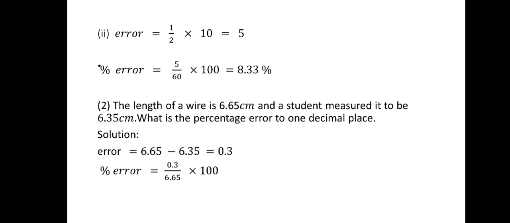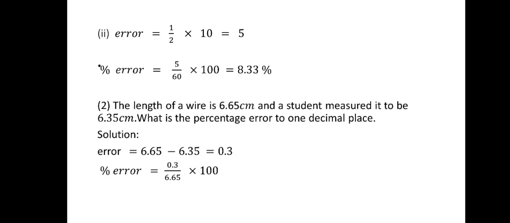Now, the error, first of all, is actual measurement minus the wrong measurement. The actual measurement is 6.65 and the wrong measurement by the student is 6.35. So when you subtract that, you get 0.3.